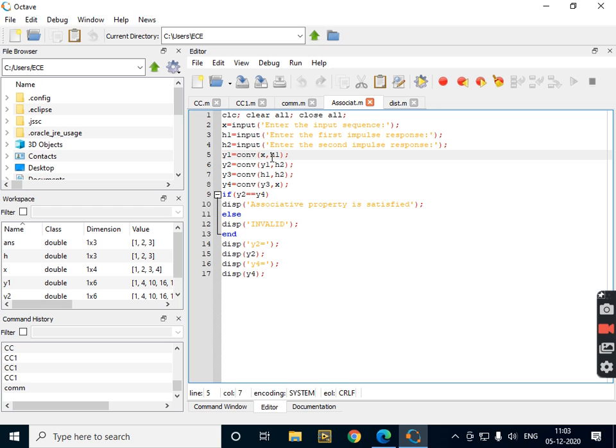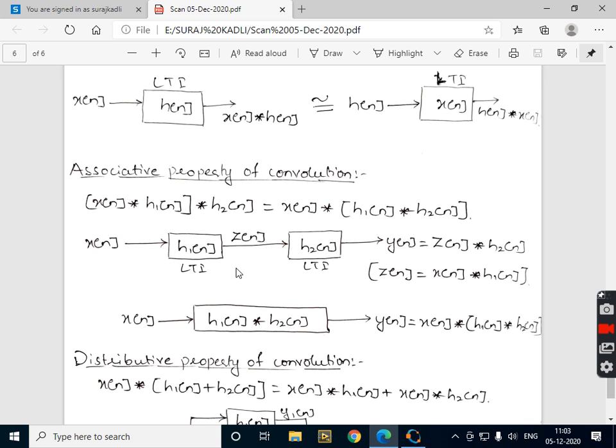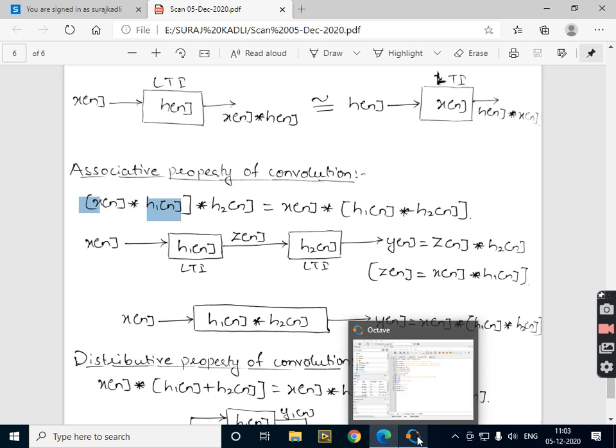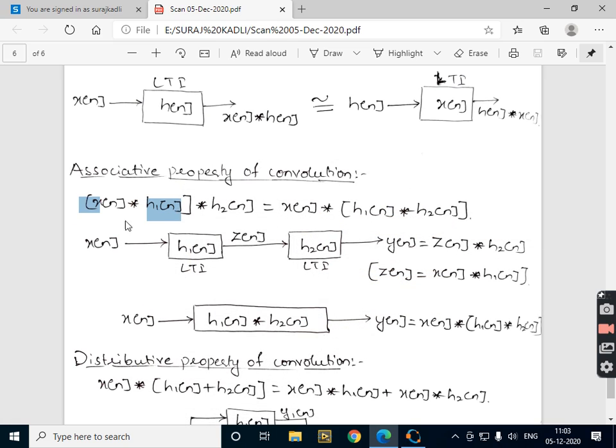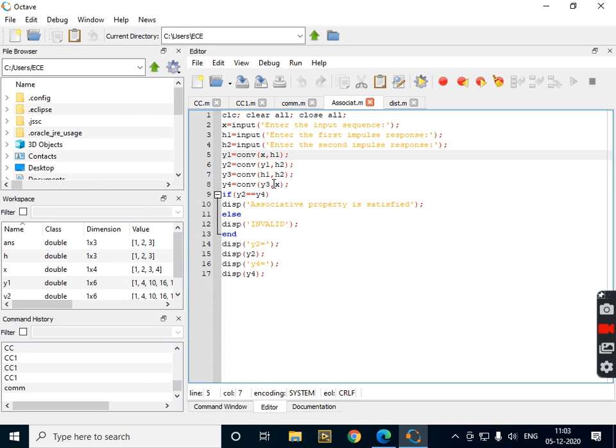Y1 will be the convolution between x and h1, and y1 will be convolved with h2, which will give us the left hand side. Y3 is the convolution between the two impulse responses, and it will be convolved with x, which will give us the right hand side.